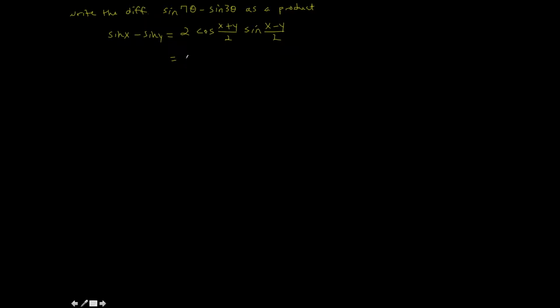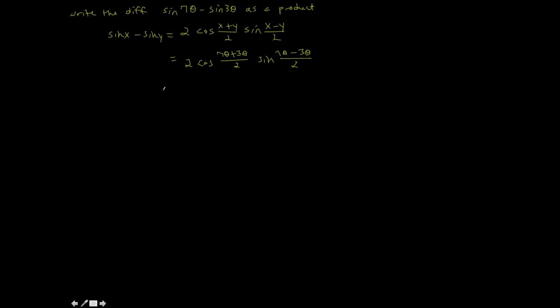Okay, so x is 7 theta, y is 3 theta. So to solve our problem, we've got 7 theta plus 3 theta over 2, sine of 7 theta minus 3 theta over 2.